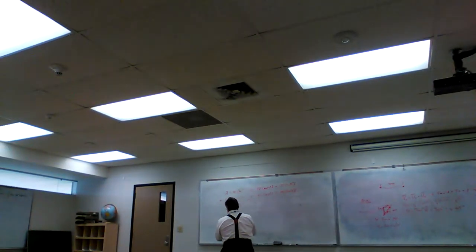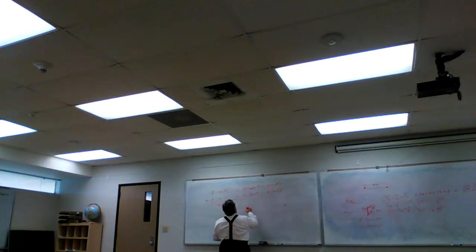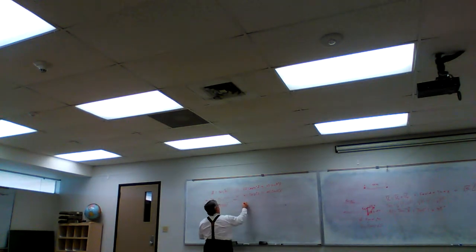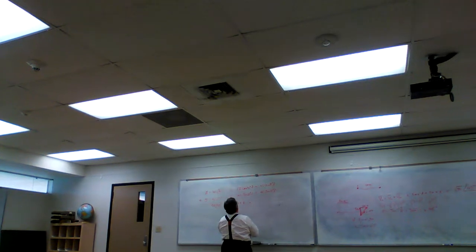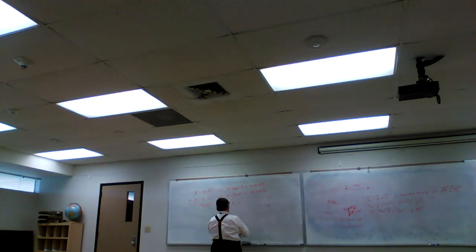Cosine of 30 is 0.866, so this becomes 43 I plus, sine of 30 is 0.5, so that's plus 25 J.